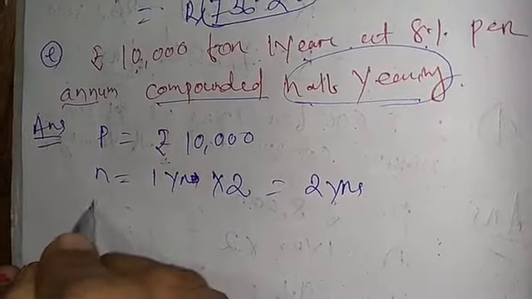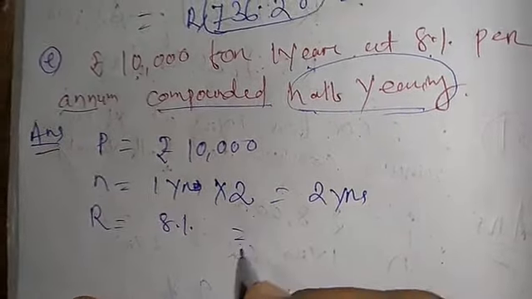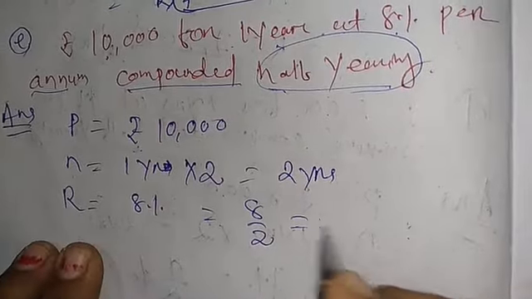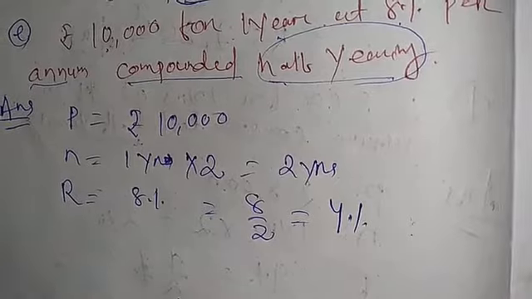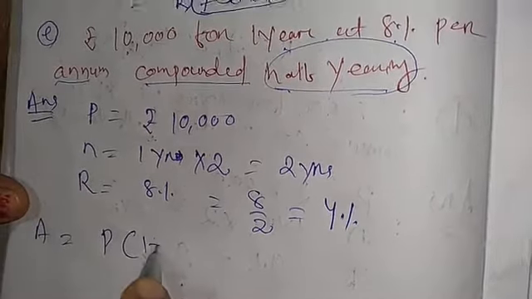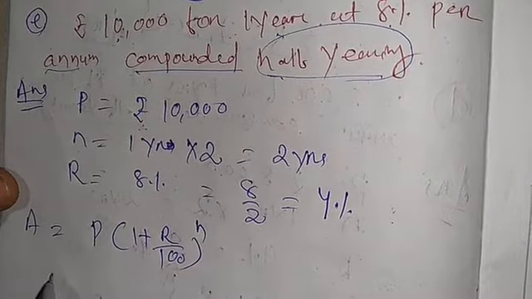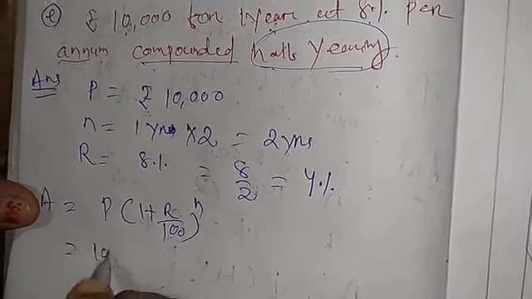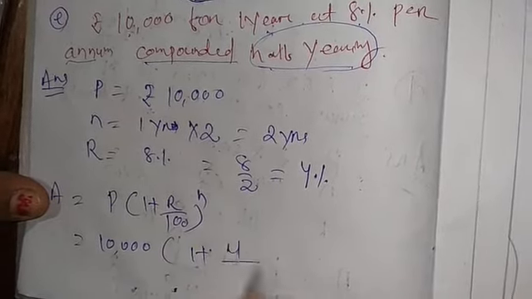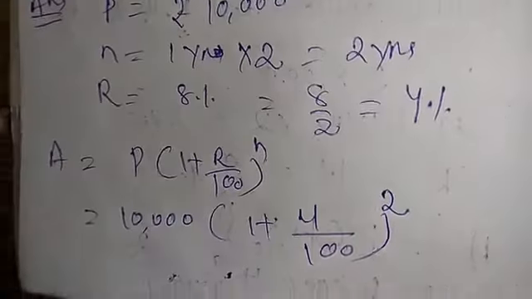Then rate of interest equal to 8% per annum, but here we calculate half yearly, so 8 by 2, r equal to 4%. So amount equal to P into 1 plus r by 100 to the power n. P equal to 10,000, 1 plus rate of interest 4 by 100 to the power 2.